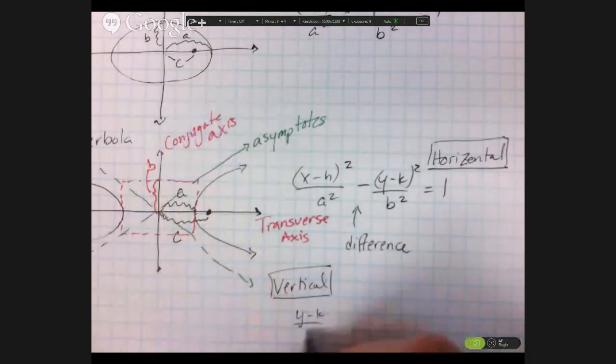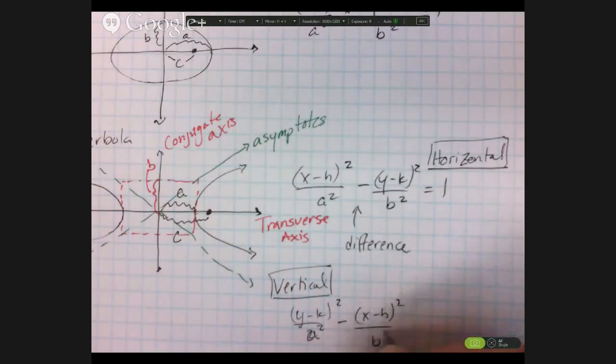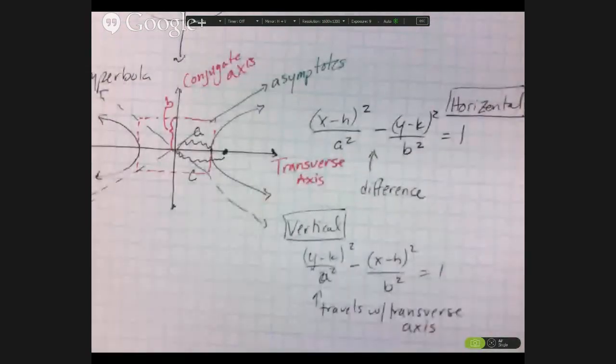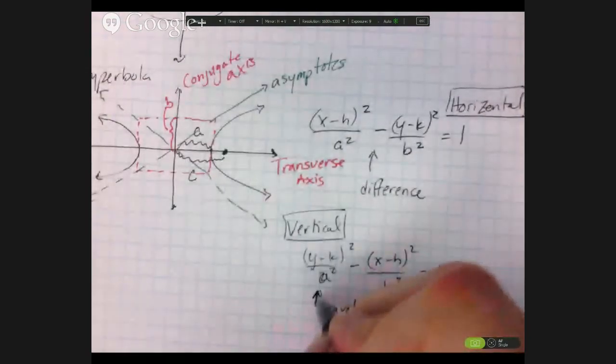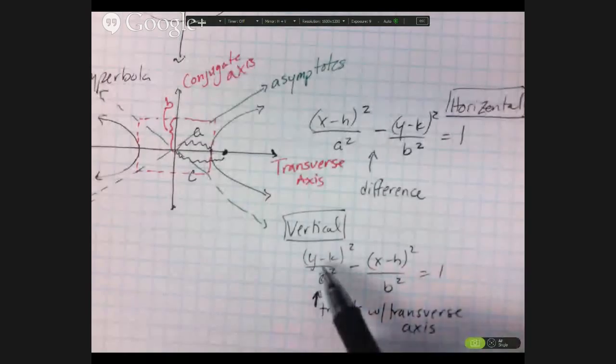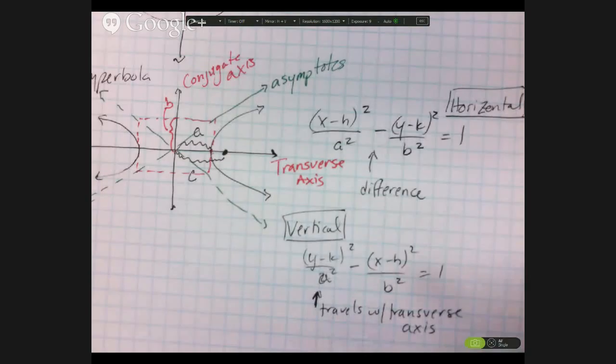It's just like an ellipse. Okay. The A travels with the transverse axis, so this would be the Y value has A with it, so it's vertical. Right?